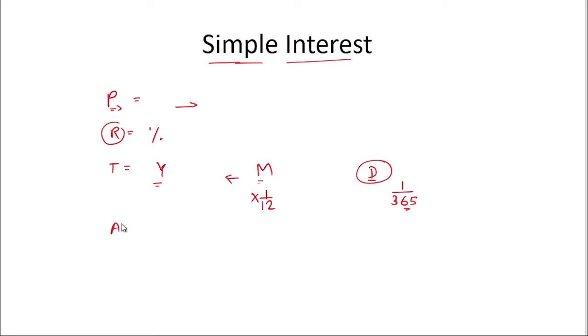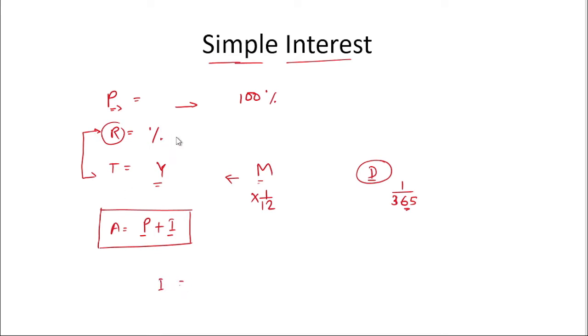Another term is amount. Amount means the total value that includes principal and interest, the total value to be returned after the interest: principal plus interest. So we can say the principal is always 100%, and if we multiply the rate of interest and time, that is the interest.